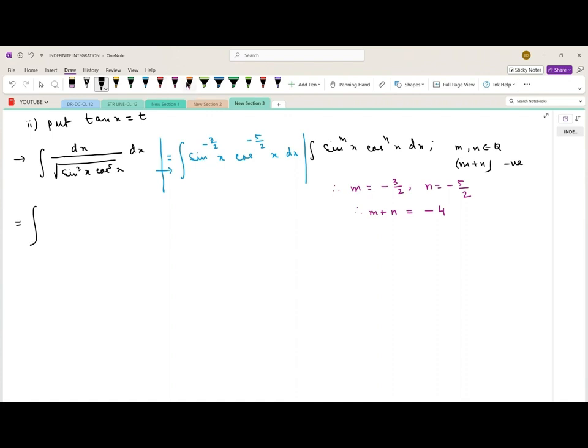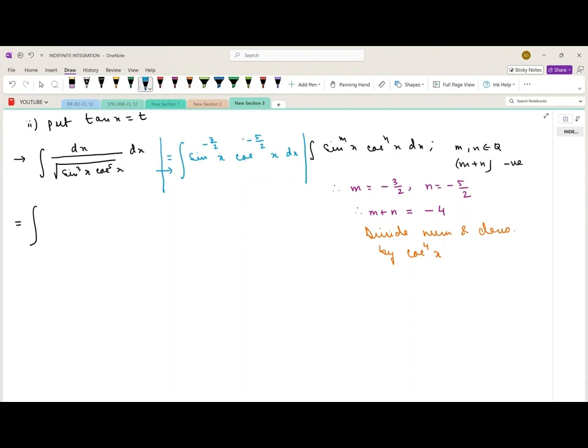So let me write it here. We are going to divide numerator and denominator by cos to the power minus (m plus n), so that is cos to the power 4x. So we are going to divide that. Let me show you here separately that if I divide, now my integration is this.